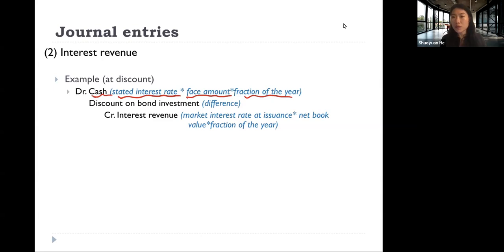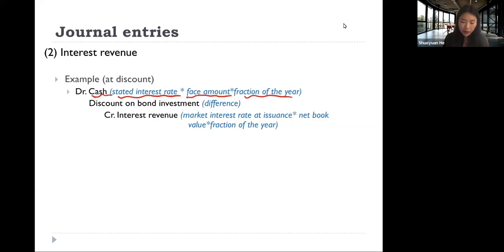So it's a half, like 0.5, 50%. And then if this interest is paid out every quarter, the fraction of the year is 1/4, so 25%.